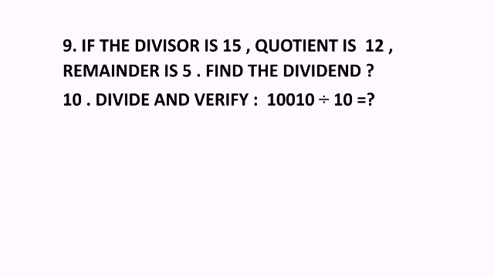See, here you need to divide, and after division, you need to write what you are getting, that is dividend, divisor, quotient and remainder, and you have to check whether your answer is correct or not. How to check? You need to apply the same rule I told you for the 9th question. So you need to apply the rule and check whether your answer is correct or not.